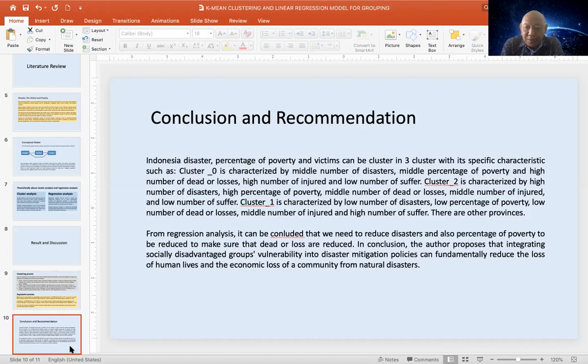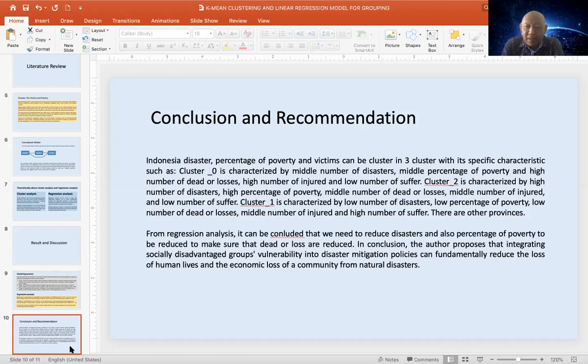Cluster 2 is characterized by a high number of disasters, high percentage of poverty, middle number of death or losses, middle number of injured, and low number of suffered. Cluster 1 is characterized by a low number of disasters, low percentage of poverty, low number of death or losses, middle number of injured, and high number of suffered.